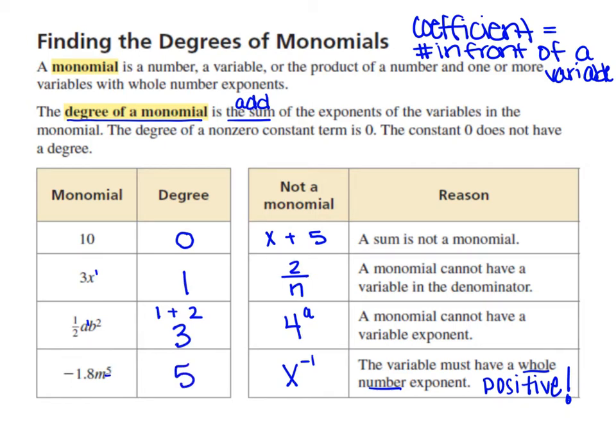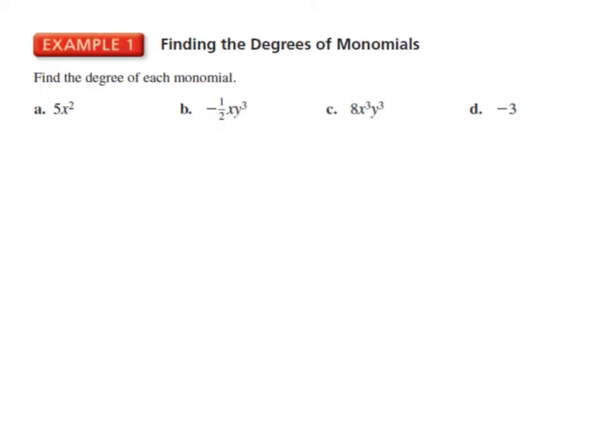So let's look at a few more examples of identifying the degree of a monomial. If we want to find the degrees of monomials, we have to look at the exponents. In this case, I have just a second power. So my degree is 2. This is a second degree monomial.